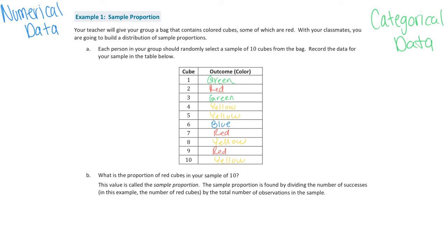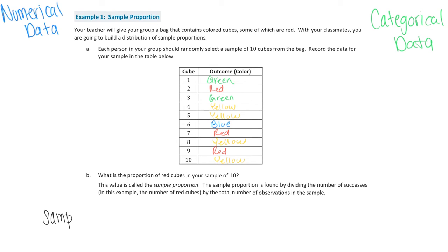Now, what is the proportion of red cubes in your sample of 10? This value we call the sample proportion, and it is found by dividing the number of successes by the total number of observations in the sample. If we were going to write this out as a formula, this is what it looks like.